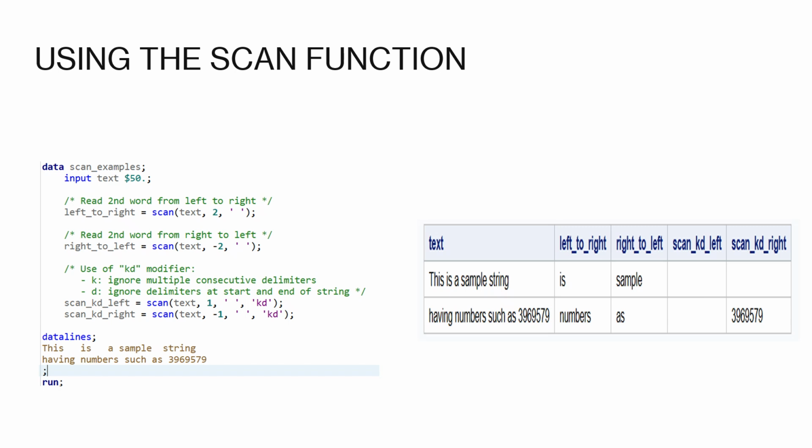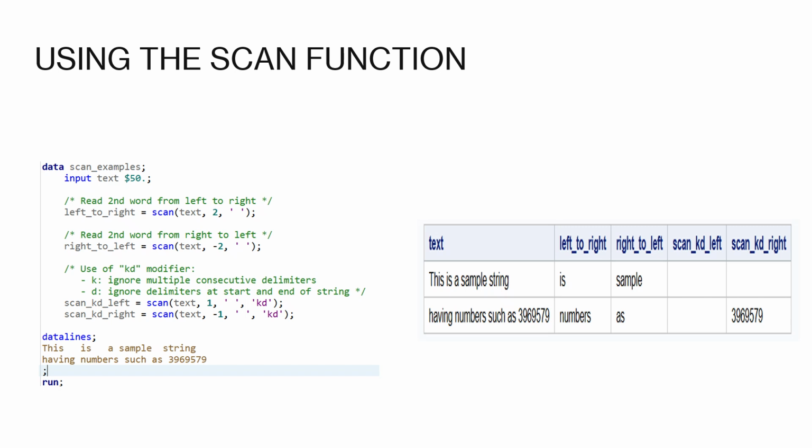Now comes something more useful, the modifier in this scan function. The K stands for keeping, and the D means include all digits. So in these lines, which are scan_kd_left and scan_kd_right, what we are doing is keeping the digits from the text strings, but in the first scenario reading the string from left to right, and in the second scenario reading the string from right to left, and we are checking for the first occurrence of the space.